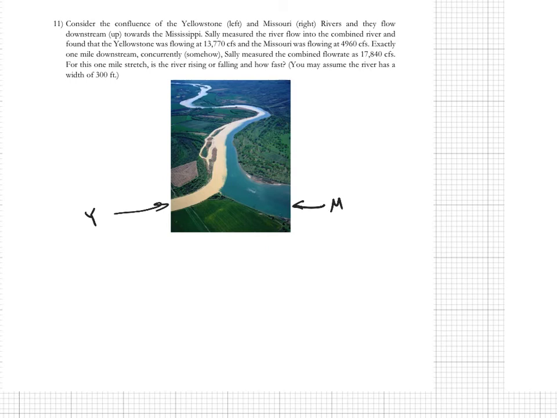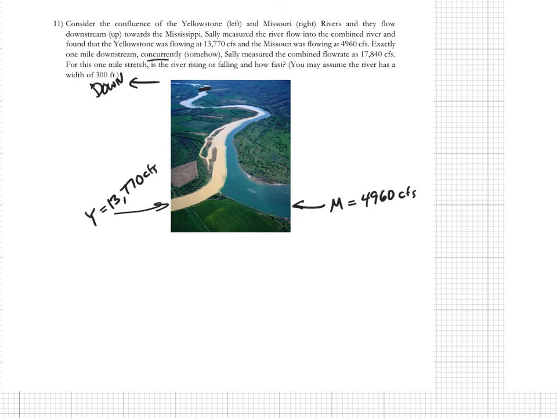As they flow downstream, towards the Mississippi, Sally measured the river flow in the combined river and found that the Yellowstone was carrying 13,770 CFS, and the Missouri was flowing at 4,960 CFS.